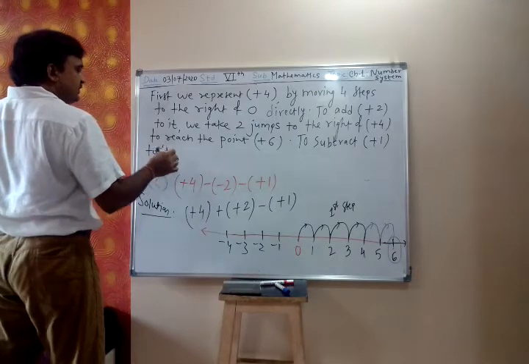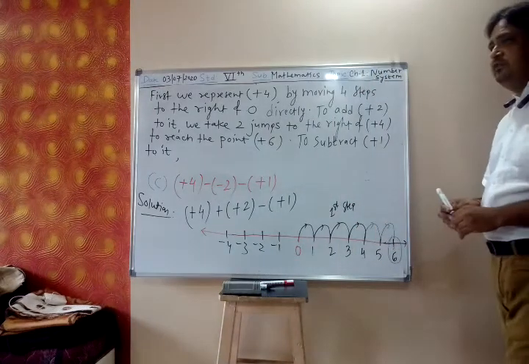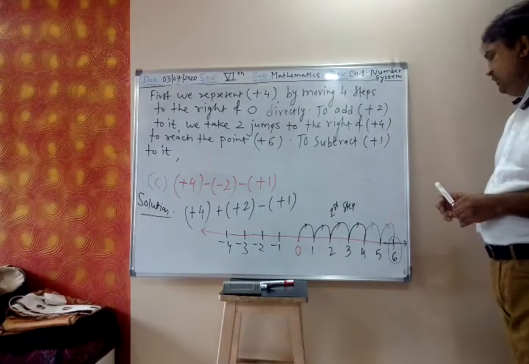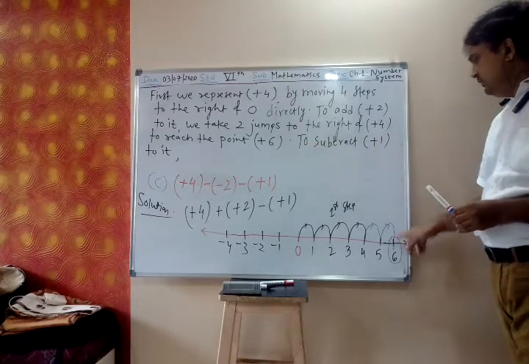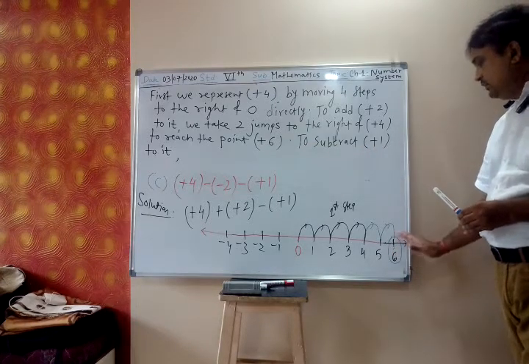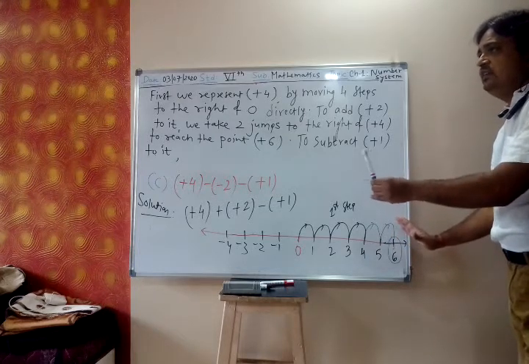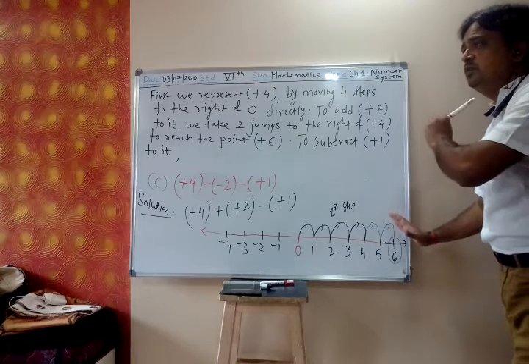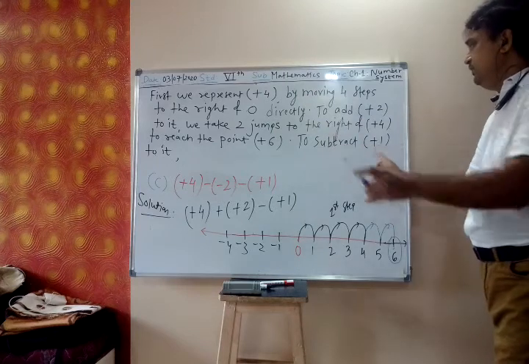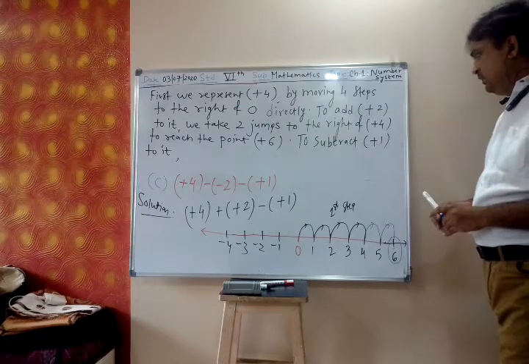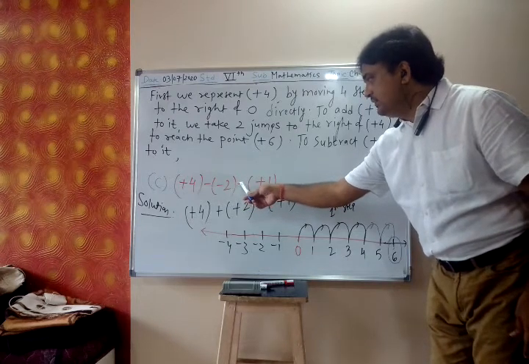Now from plus 6 we want to subtract 1. Whenever it is subtract, you have to jump to the left, because it is a minus sign. This minus sign means subtract.